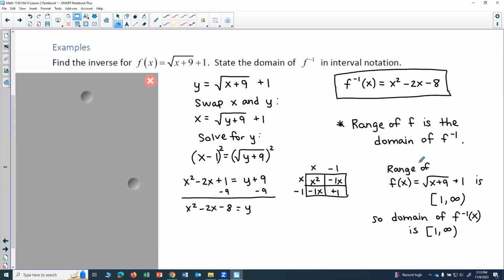So here I was talking about a range, so I was talking about a y value of 1 to infinity. Here I'm talking about a domain of the inverse, so I'm talking about the x values going from 1 to infinity.